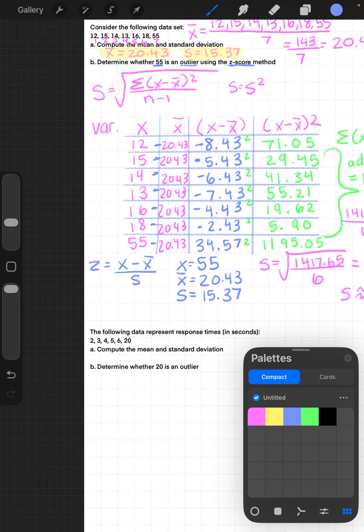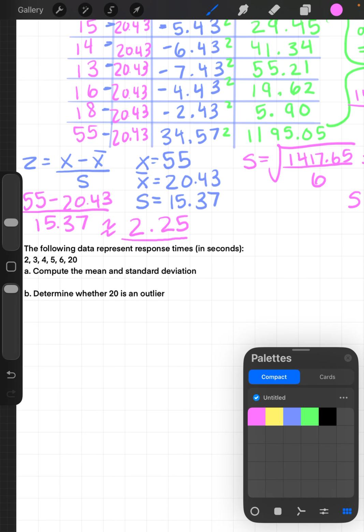That's gonna be 55 minus the mean over s. So this is our z-score, and we're going to determine if this is an outlier or not.